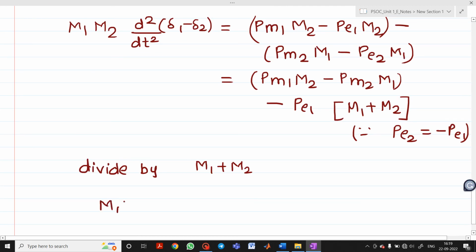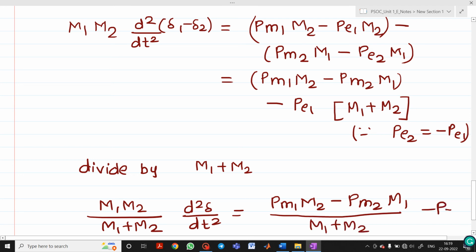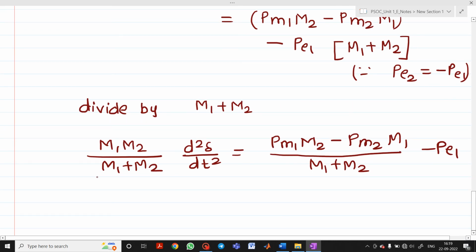You will get M1 M2 upon M1 plus M2 into d square delta upon dt square will be equal to the term PM1 into M2 minus PM2 into M1, whole divided by M1 plus M2, minus PE1. You will get this expression. Whatever term we have shown on the left hand side is nothing but your M equivalent.